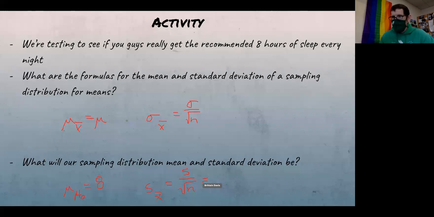So with this, we had our numbers. Let me pull it up again. It was 1.4424 divided by the square root of, we had a sample size of 10.